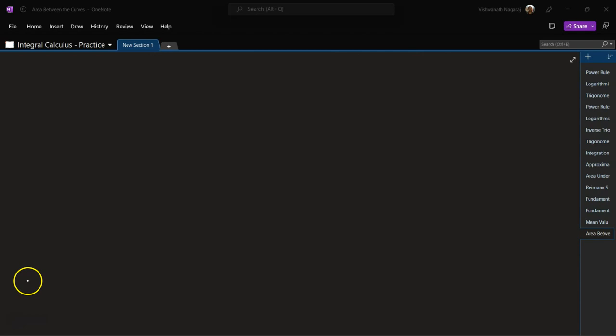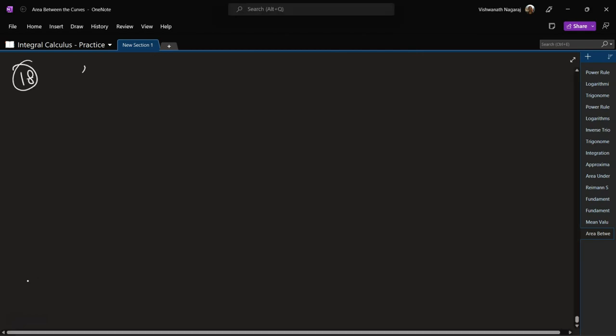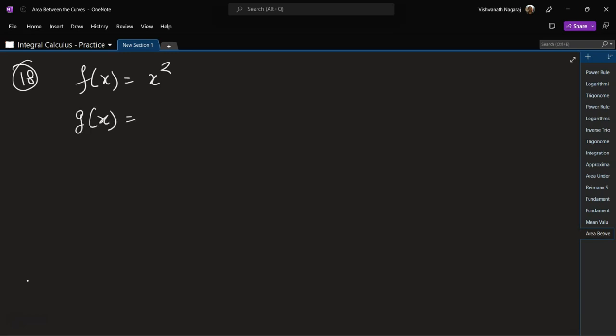And finally, the 18th one. f(x) is equal to x square and g(x) is equal to square root of x in the interval 0 to 1. Again we have to figure out the intersections.